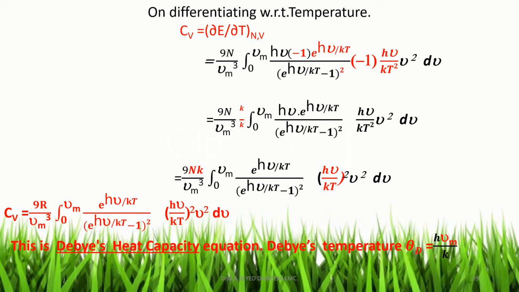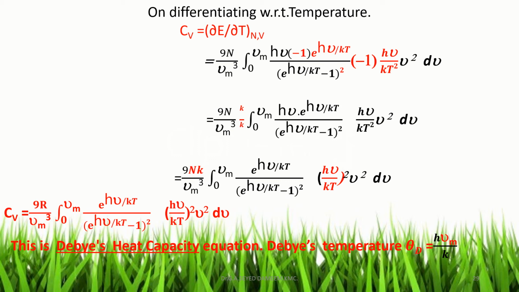On simplifying this equation and multiplying and dividing by k, the final equation is 9Nk divided by ν_m³ integral 0 to ν_m e^(hν/kT) divided by (e^(hν/kT) minus 1) whole square, and (hν/kT) whole square ν² dν.